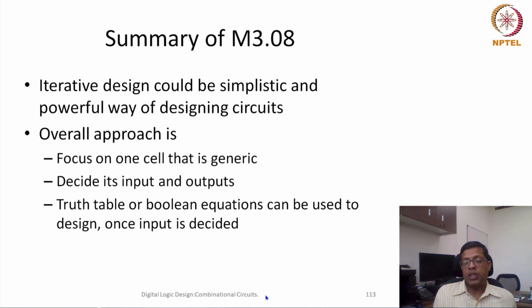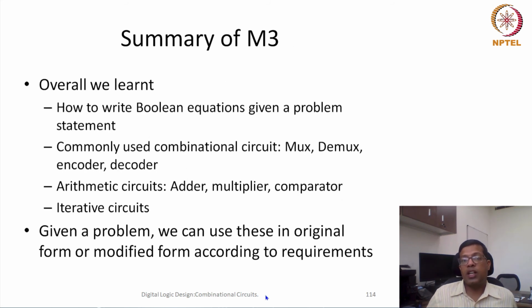Okay, so this is also the last lecture of this particular module, so I'll also summarize this overall module in a couple of minutes. In this particular module, the objective was to design a Boolean combinational logic, or a digital system, using basic gates.